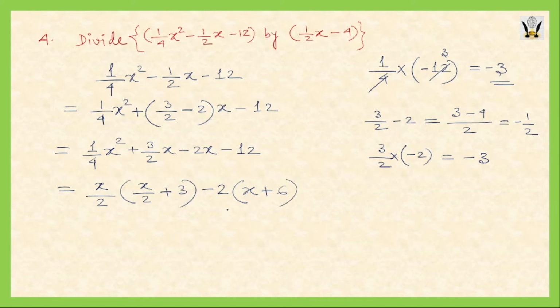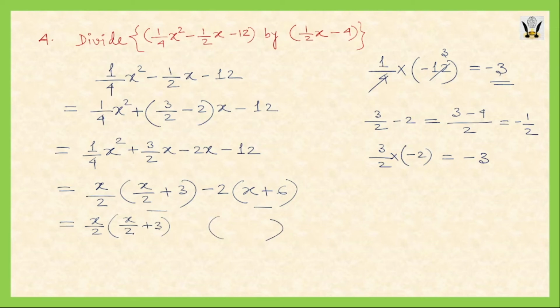Now what we can notice here is that in the first term we have this factor x by 2 plus 3, but in the second term we have x plus 6. These two factors are not the same yet, but we can make them the same. How? Now if we rewrite this x by 2 and then x by 2 plus 3, inside this bracket in this factor we have x and we want x by 2.